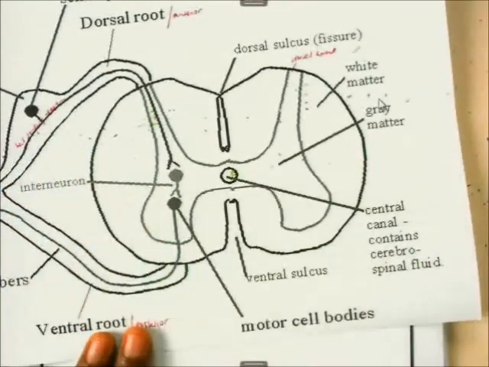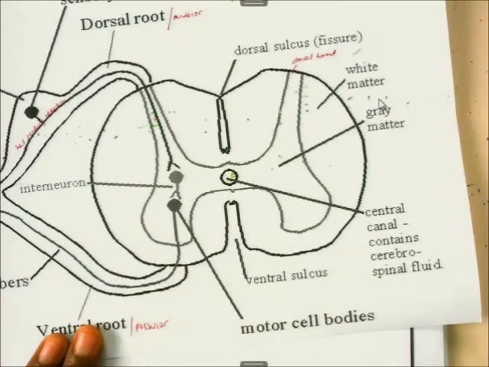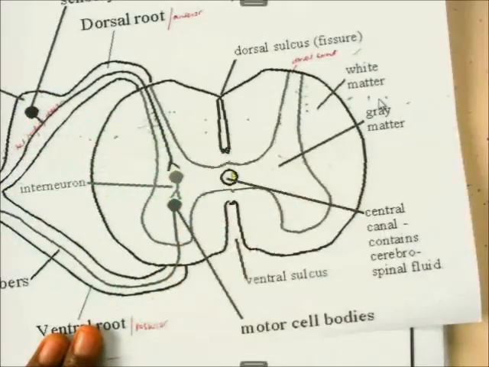So now, there are 2 nerves or spinal nerves, one from each side, which enter the spinal cord. This nerve has the dorsal part, which is called the dorsal root.